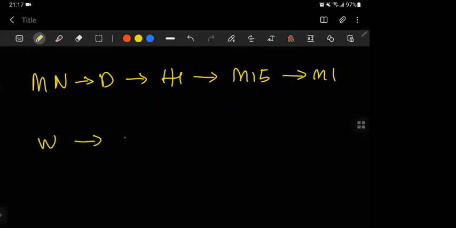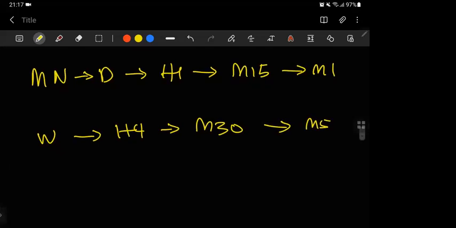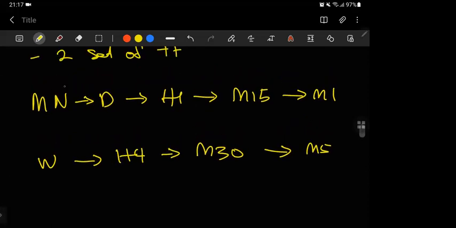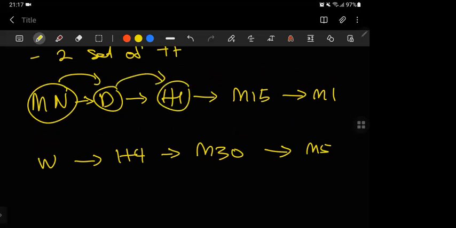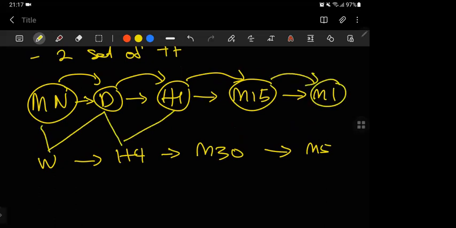Weekly, H4, M30, M5. When we work like this: direction, setup, direction, setup, direction, setup. Bias, bias, bias, bias, bias.